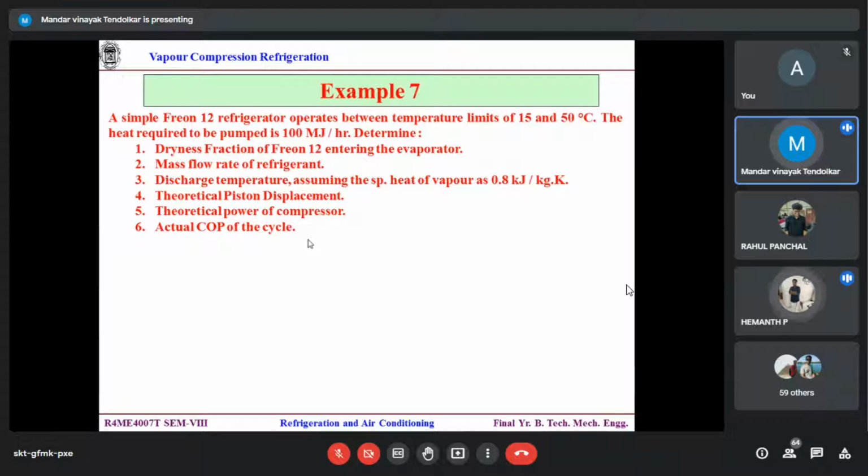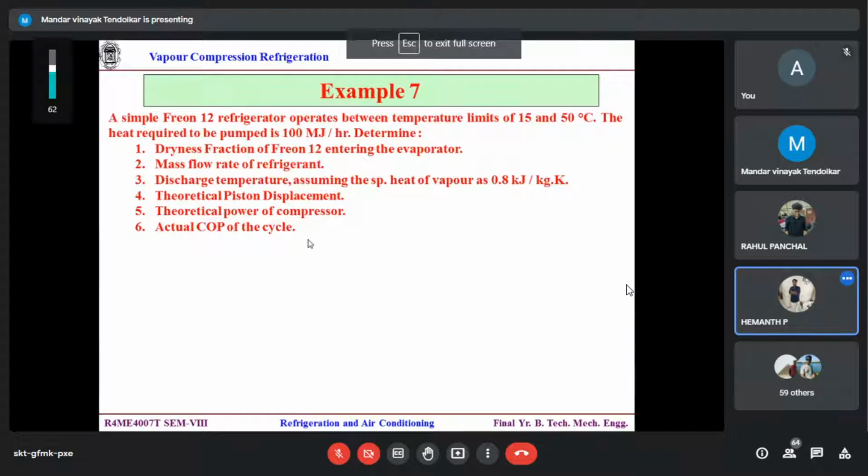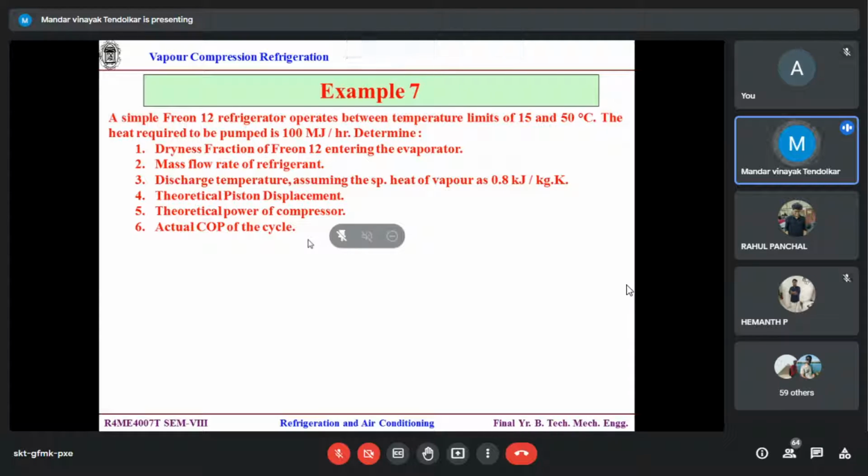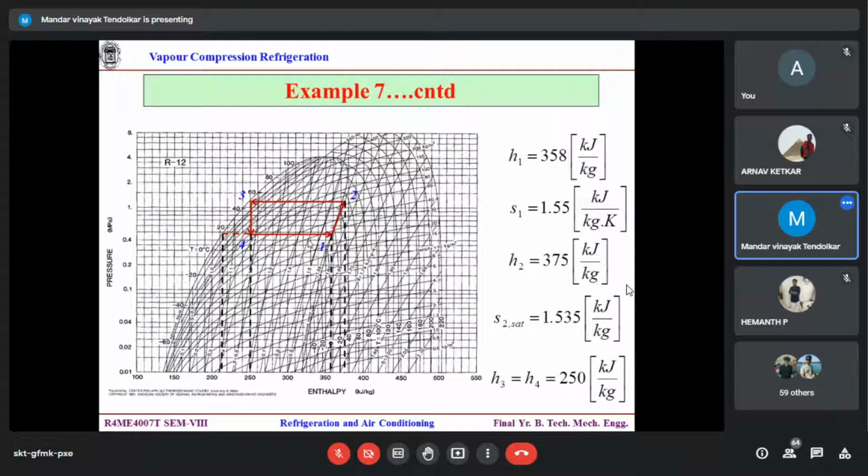No sir, taken away means it has to be condenser, sir, pump. How many are saying condenser and how many are saying evaporator? Sir, evaporator. Condenser, sir. Let's see. Try to plot it and check the values.